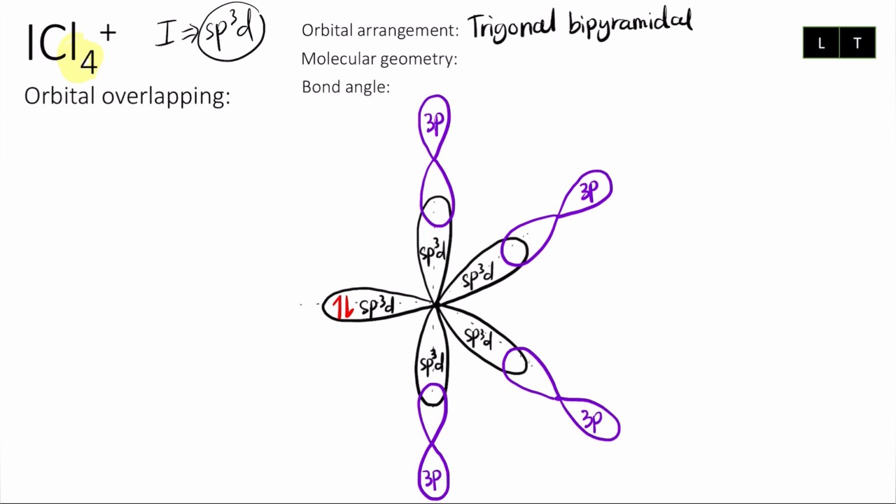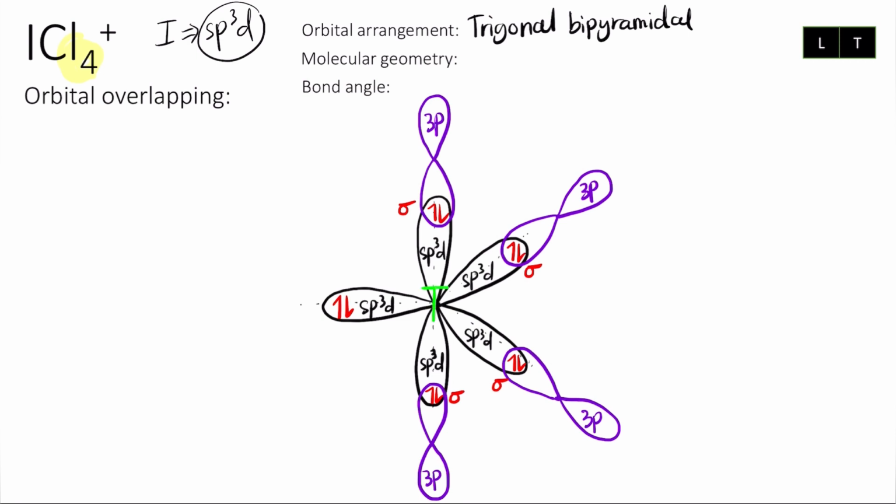And then dia dah overlap kat sini kan. So saya ada sigma. And then sigma. And then sigma. And last one sigma juga. Okay, 4 sigma bonds. Sebab 4 3p orbitals daripada chlorine atom akan overlap dengan sp3d. And then next one, jangan lupa label atom awak. So untuk kat tengah ni dia adalah iodine.